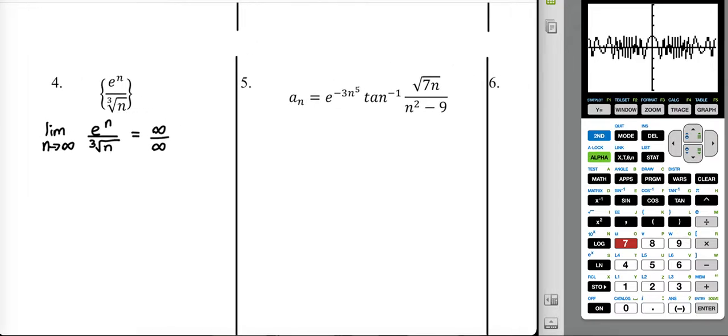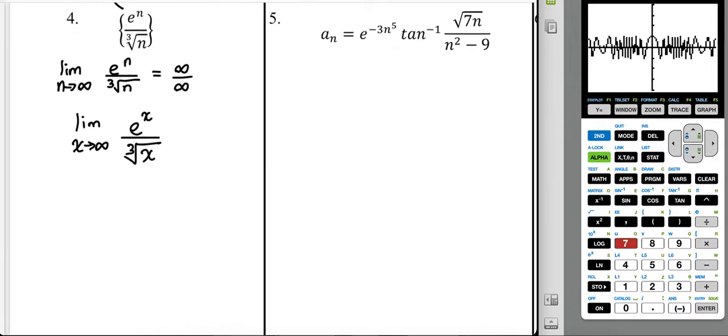So that's telling me that I should be letting some function of x trace through the points generated by the sequence. And that's what we should be limiting as x approaches infinity.